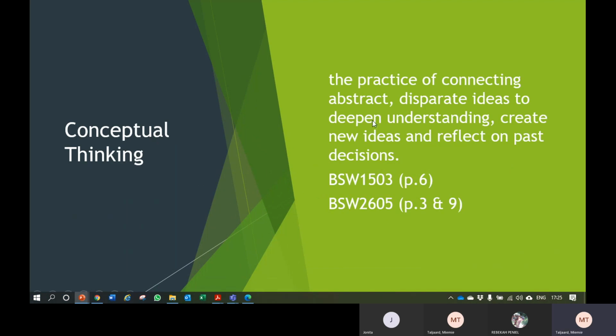So it is the practice of connecting abstract, disparate ideas to deepen understanding, create new ideas, and reflect on past decisions.